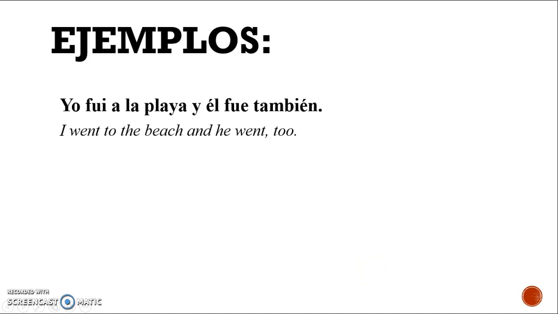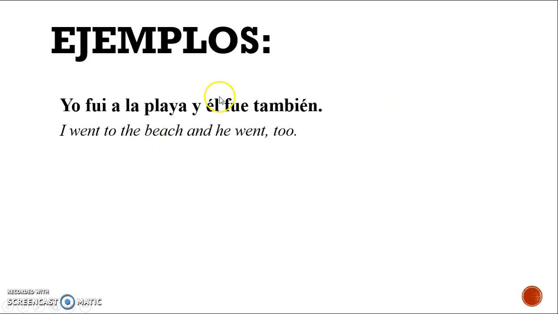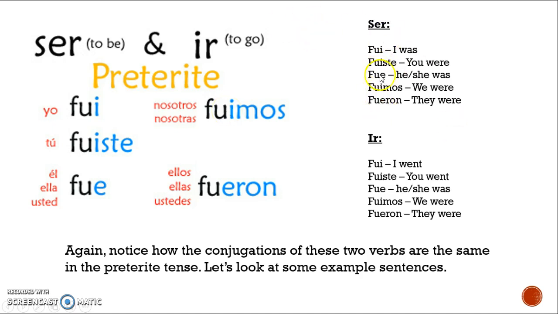Here's some example sentences. Yo fui a la playa y él fue también. I went to the beach and he went too. So right here we're using the verb ir. If we were using ser right here, or if we thought this could mean ser, it wouldn't make sense because it would read I was to the beach and he was too. That didn't make sense to put was right there, even though it could mean was or were.